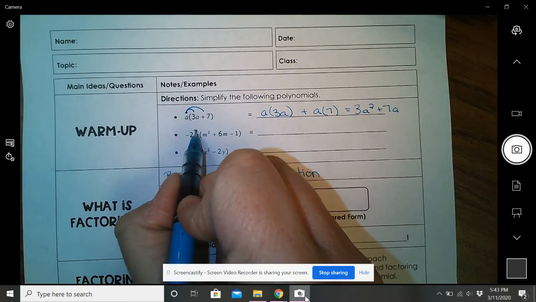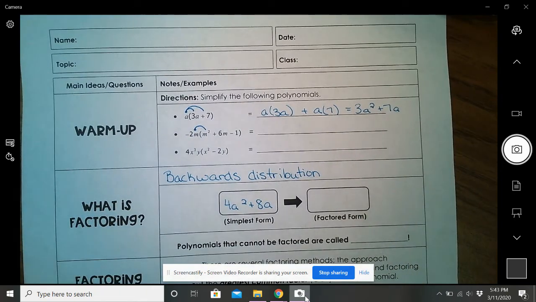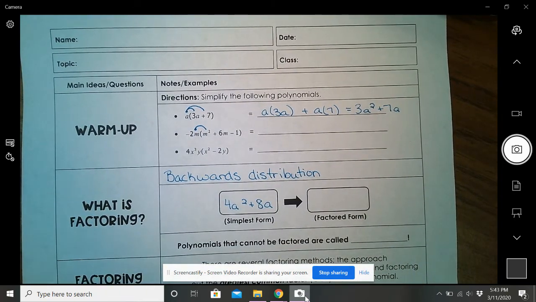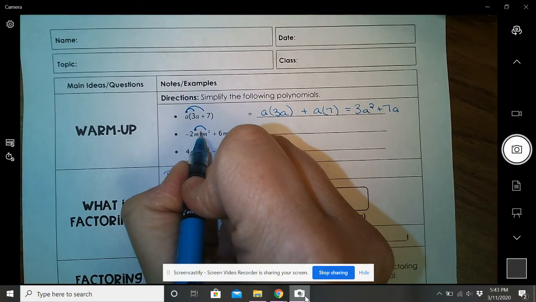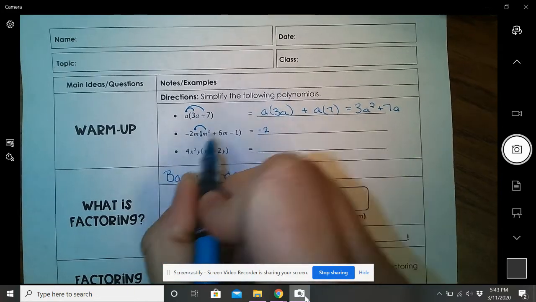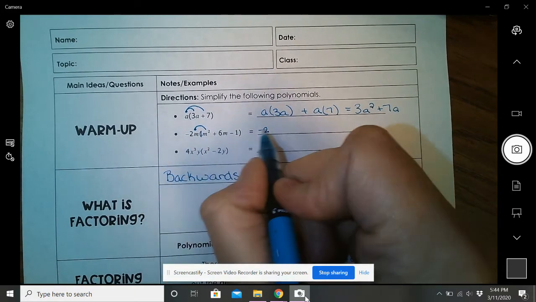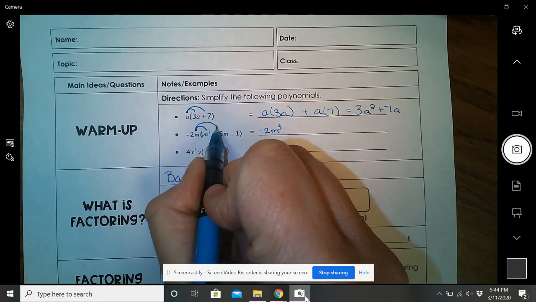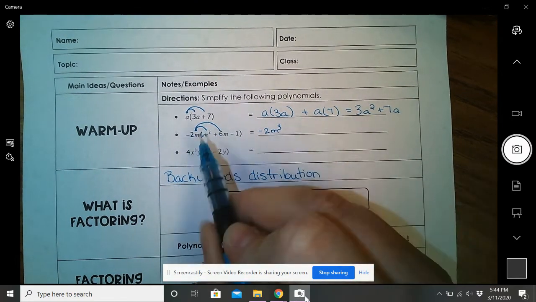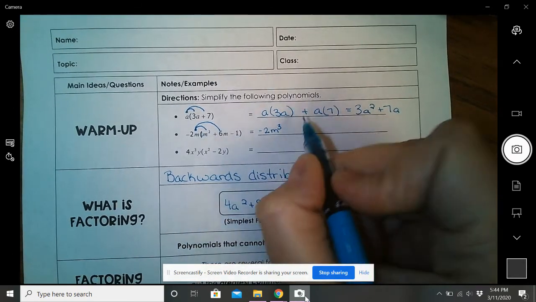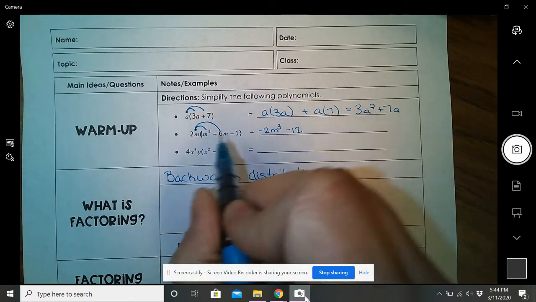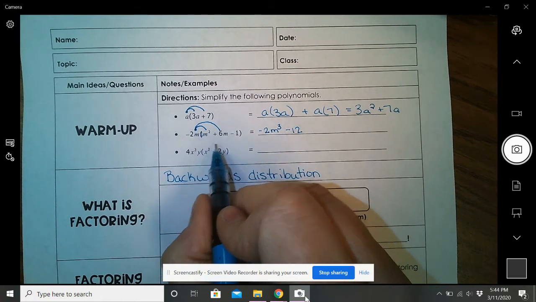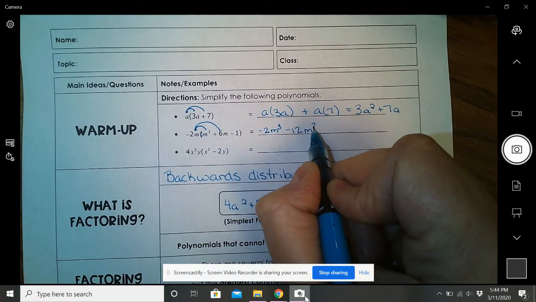We're taking this negative 2 and we're multiplying it by a 1m squared. So negative 2 times 1 is negative 2, with a total of 3 m's in this first term. Then we'll take that negative 2m times a positive 6m. Negative 2 times positive 6 is negative 12, and there will be a total of 2 m's in this term, so m squared.